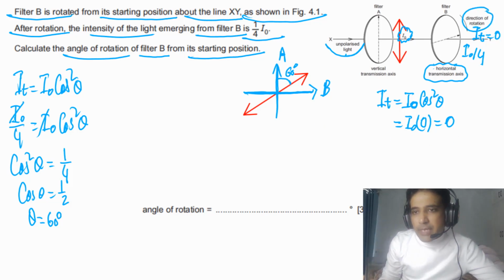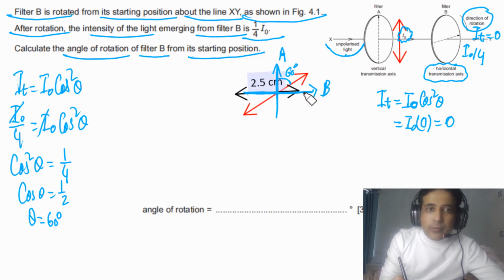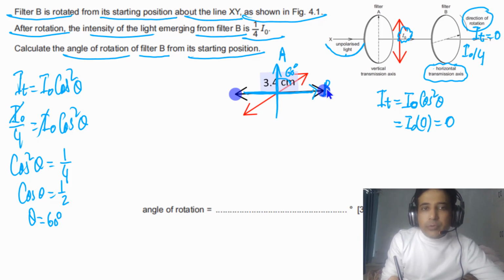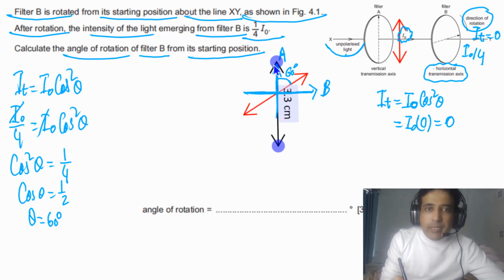So I'll be using black color. First of all, we have the horizontal filter placed like this. This is the transmission axis of the horizontal filter. Then we rotate this one and we bring this one into this form. So how can we rotate this one? One way is to rotate it first by 90 degrees. So this is by 90 degrees.